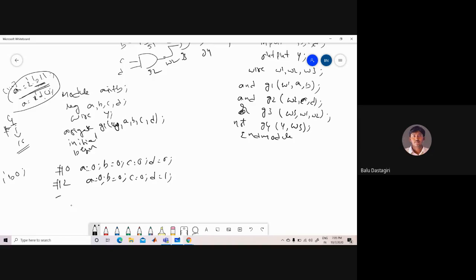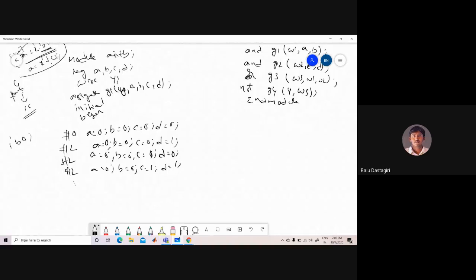Next, again after 2 time units, a equal to 0, b equal to 0, c equal to 1, and d equal to 0. Again after 2 units of time, a equal to 0, b equal to 0, c equal to 1, d equal to 1. Like this, I can specify all the 16 test patterns.